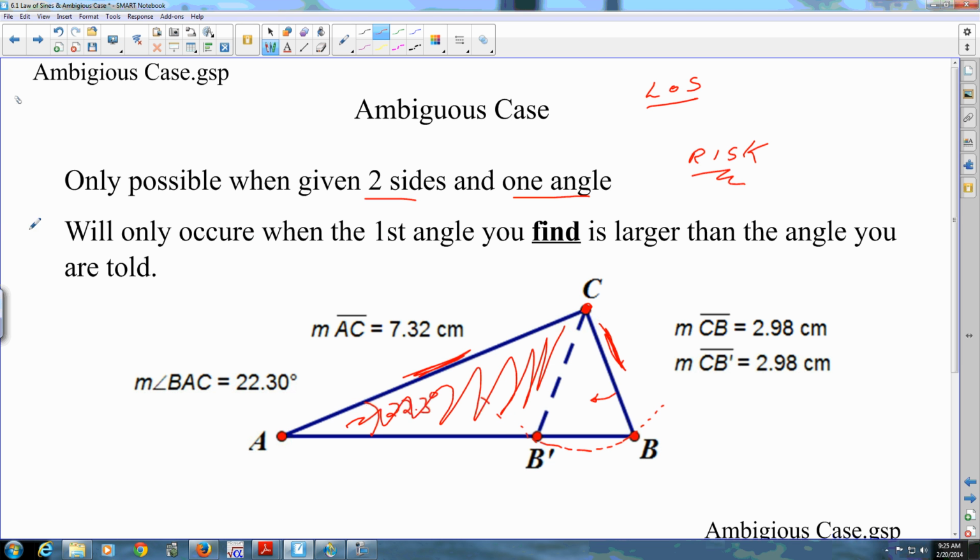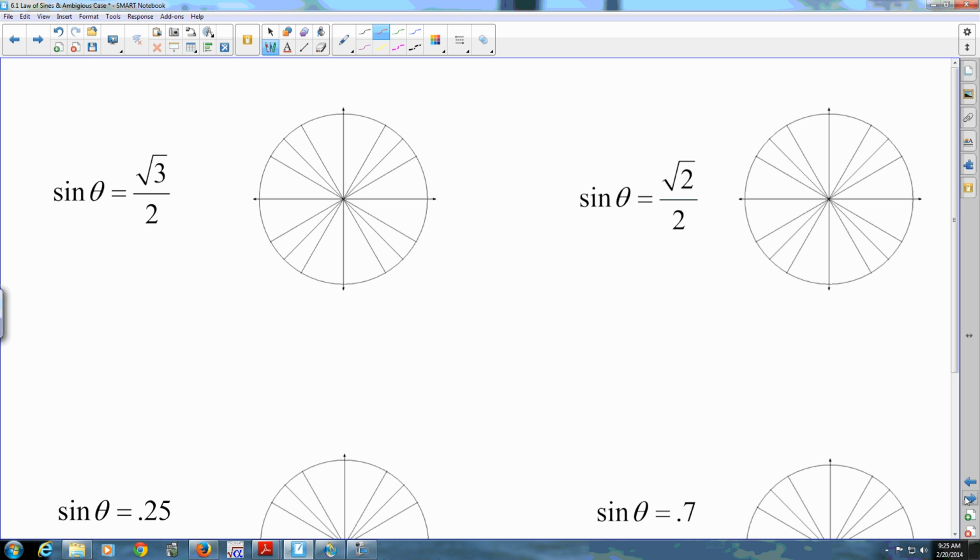I'll explain this next line right here as we start moving through the examples and doing it. So here, what you need to understand is this is asking where's your y value square root of 3 over 2. You guys know that happens right here. Where's your y value that many units up? And you know that happens at 60 degrees. Where else are you the same distance up? Directly across.